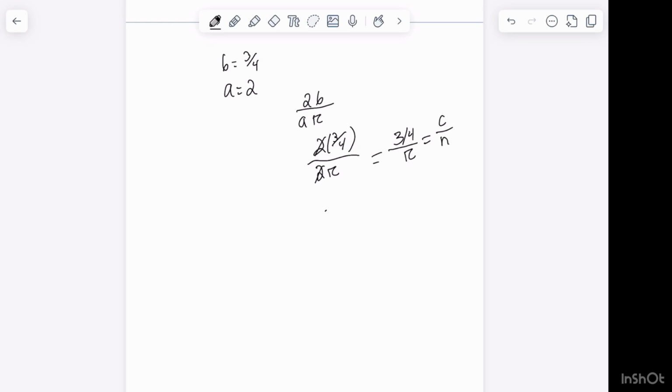With some quick algebra, we're going to find what pi is equal to. Give me just a second. So pi is going to be 3 over 4C.